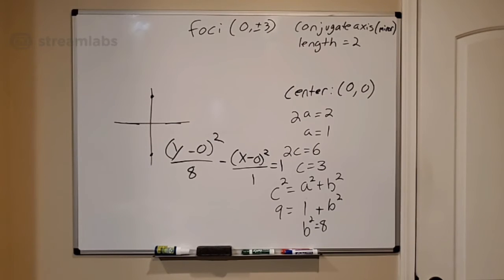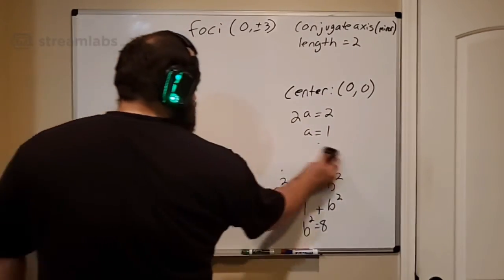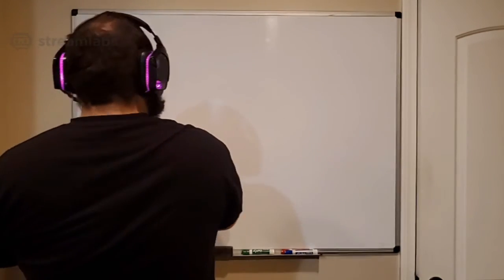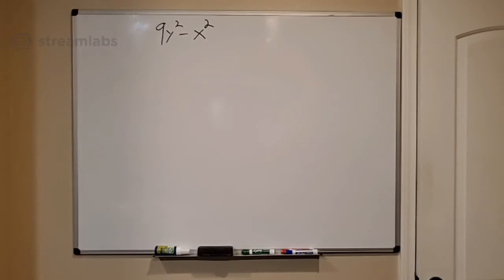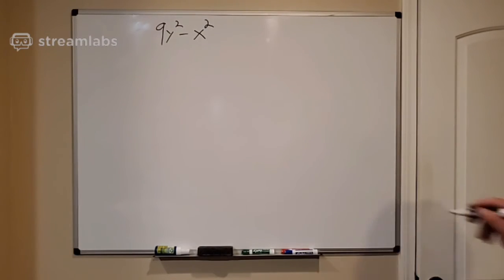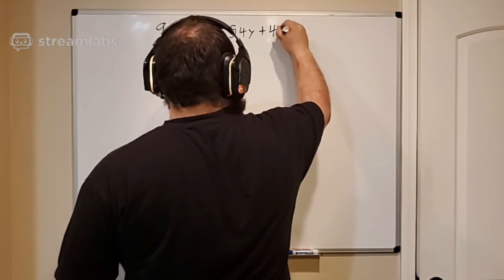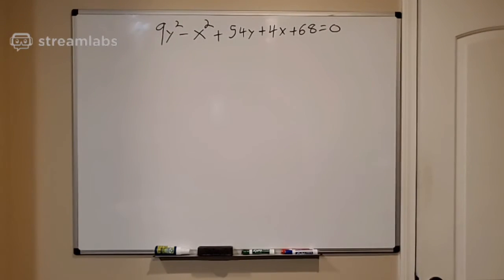Okay, so I'll be looking at number 19, I think. It's 9y squared minus x squared plus 54y plus 4x plus 68, if I copied it correctly.